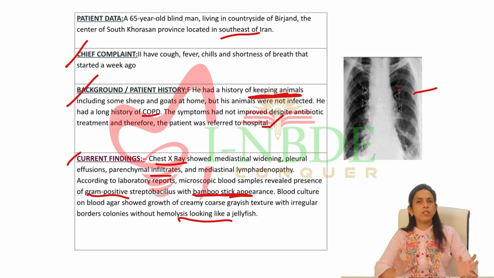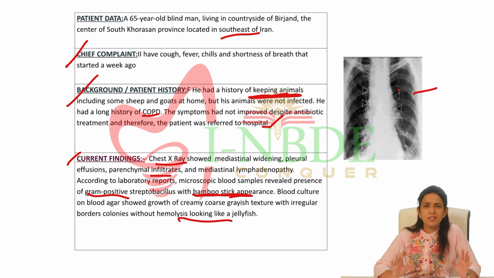So all these now, if you see, how to think? After seeing this question, one thing is clear: this is an infectious disease for sure, because there is fever and there is lymphadenopathy and all those pulmonary symptoms are there. So it's infectious. That is understood, right? Next, in the background, he has a history of animals and all that.